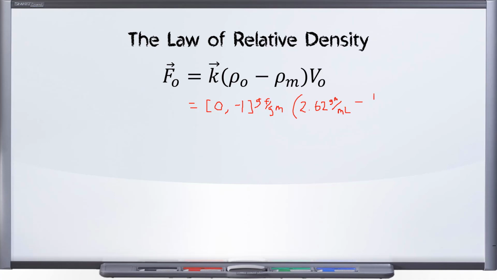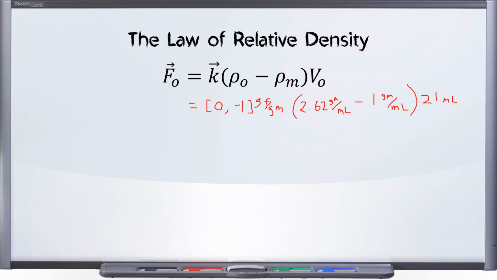And the density of water we can measure as 1 gram of mass per milliliter of water. And then the volume, we'll put the volume of the rock on here, and we measured that as 21 milliliters.